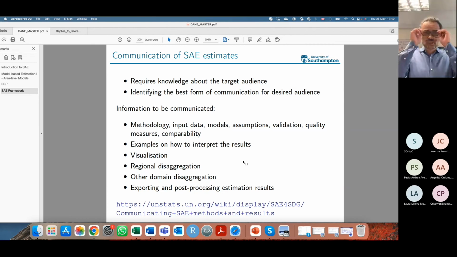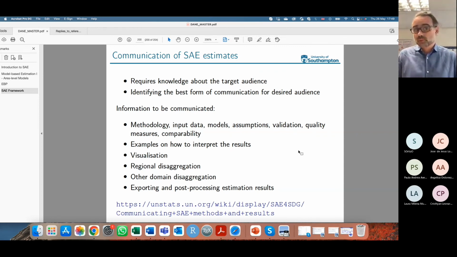Okay, but generally speaking, the information that you need to communicate has to include something around the methodology, the input data, the types of models you use, the assumptions you use, what kind of validation you have done, model selection and validation. Quality measures are really important. As I said, you can't really have estimates without having quality measures and comparability with other estimators. Giving examples on how to interpret the results is important.